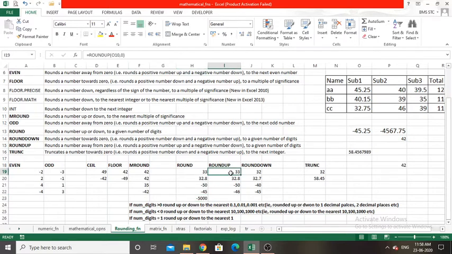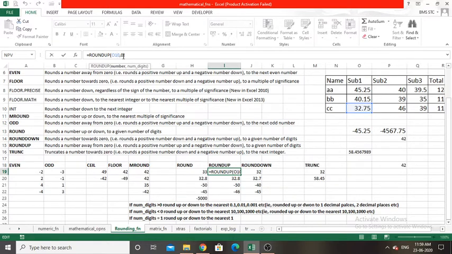Okay, now let's see the round up function. The round up function also performs a rounding up. It will always round up. Okay, it will always consider the number which is greater than the past number. So here the past number was 32.75. Since it was round up, it always considers 33, 34, 35 like that.